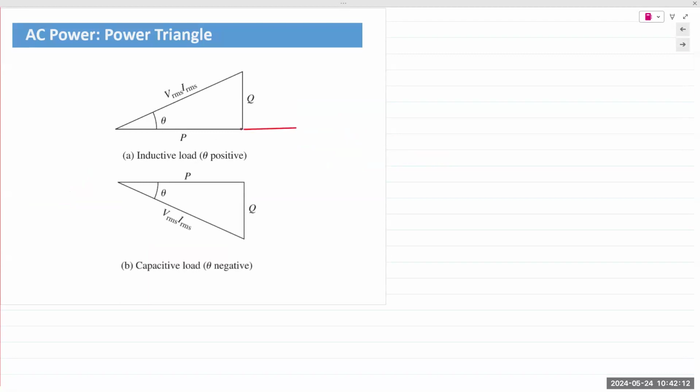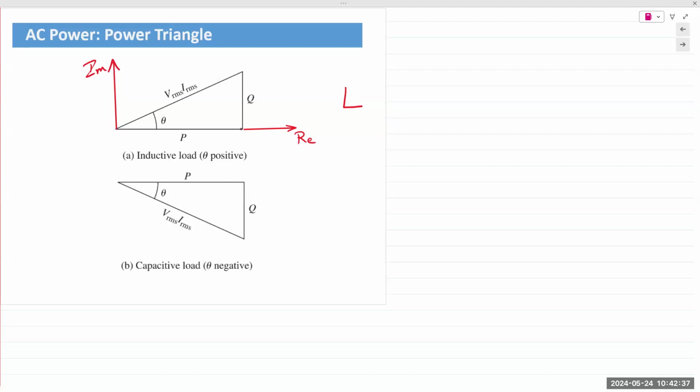The real axis has the average power, and then you have the imaginary axis. This is for the inductor. Remember, for the inductor, the impedance angle is plus 90, and for a capacitor, the impedance angle is minus 90.